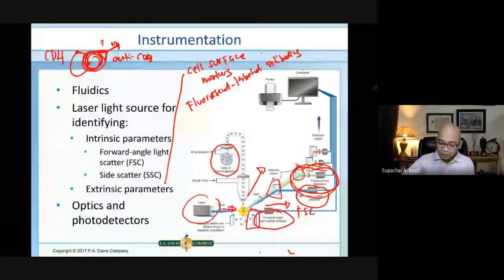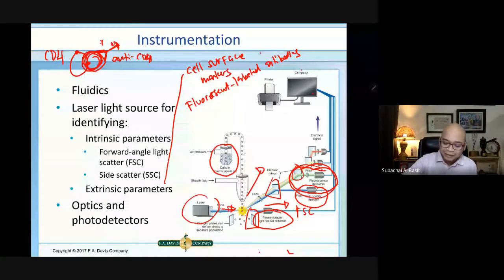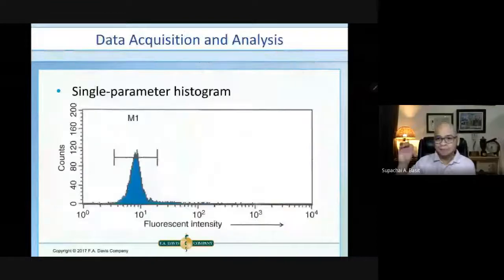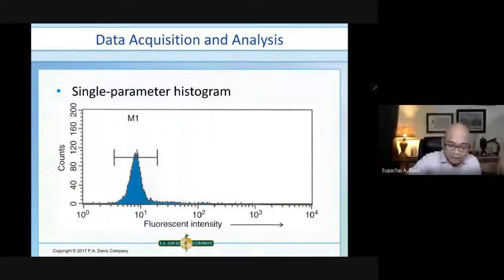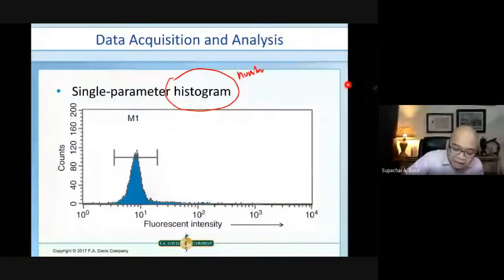All of these detector signals will be processed in the computer, and then the computer printout will tell you the population of the cells. This is an example of a single parameter histogram. By the way, a histogram is the graph that shows the number or the cell population.